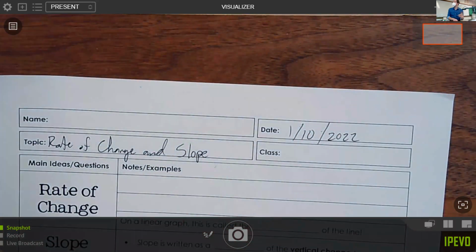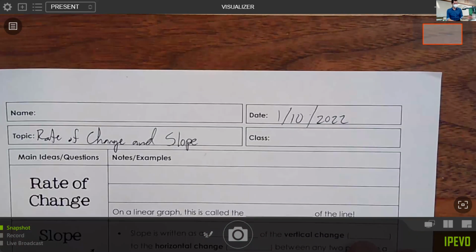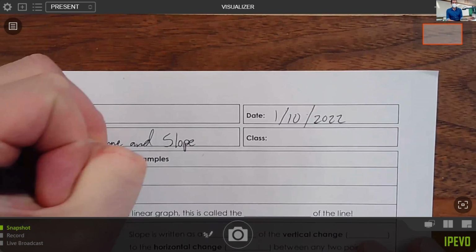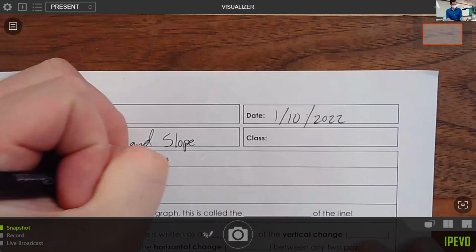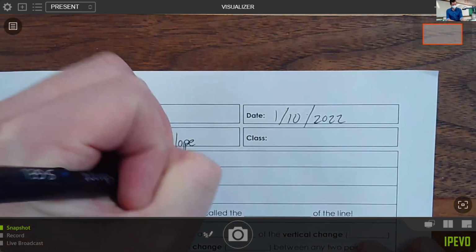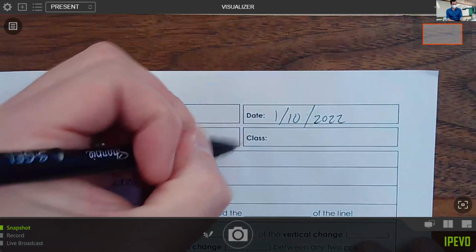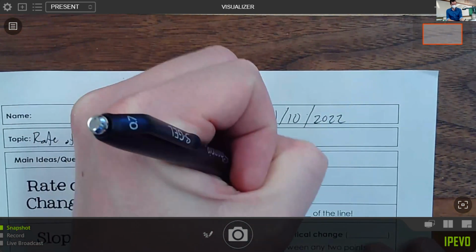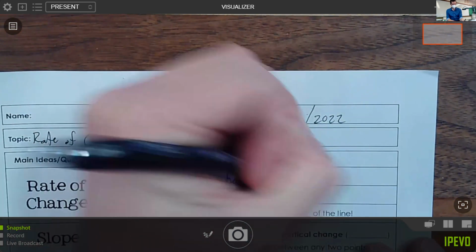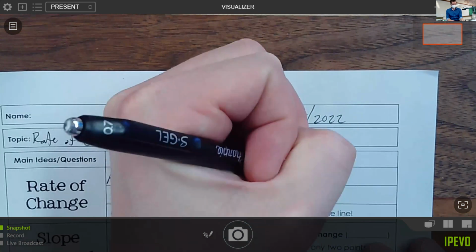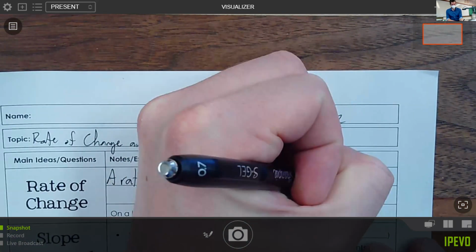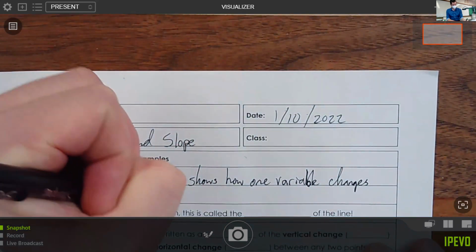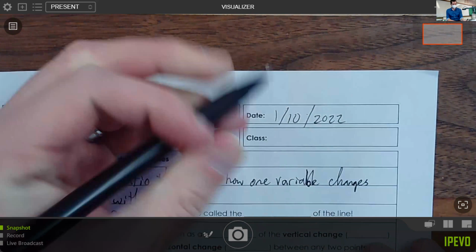So rate of change, going back to that real quick, we're going to write this down. We're going to say that it is a ratio. I'll review that word in a moment. A ratio that shows how one variable changes with respect to another.